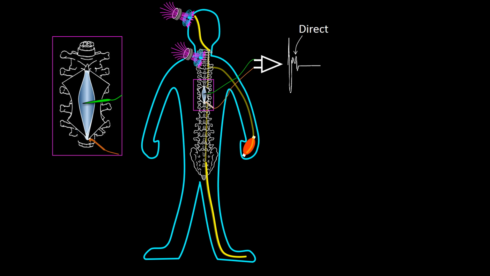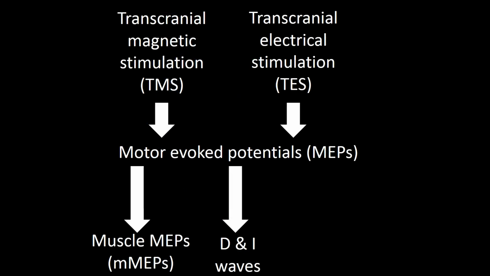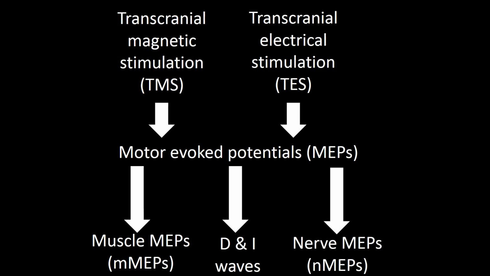D waves can also be triggered by magnetic stimulation at the same sites as electrical stimulation, but magnetic stimulation does not produce I waves. So, as presented in this frame, you can see that motor evoked potential can be recorded in the muscle, in the spine in the form of direct and indirect waves, and they can also be recorded at the level of the nerve.